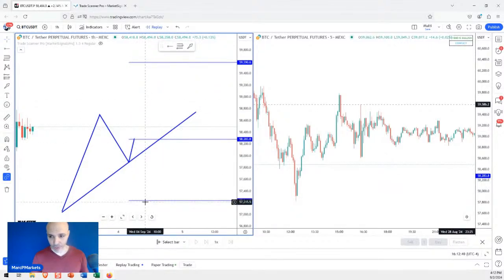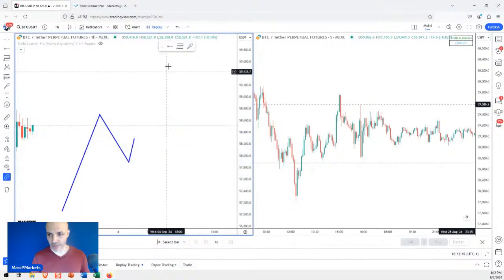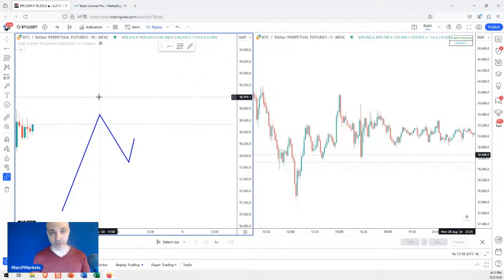Now, there's a special mode called counter trend mode. What counter trend mode does, let me just remove this, is it ignores the trend and it will call a trade here. That's where it'll pull out the trade suggestion in a bullish trend, for example. Counter trend mode is advanced and is not something I recommend for beginners until you first get used to how this thing works.